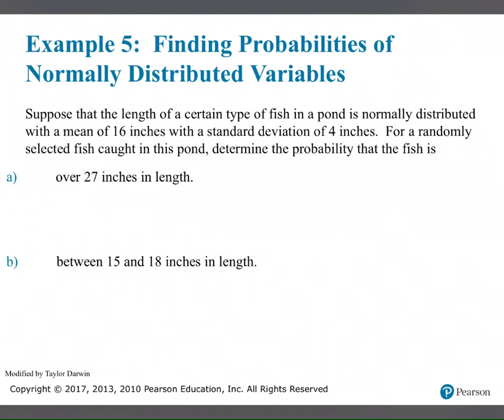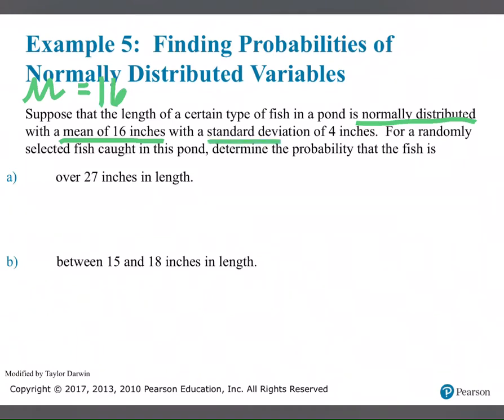A couple things about this. When it says normally distributed, that basically means that we're good to go to use the z's. We can use z-scores knowing that we have a symmetric histogram. We're given a mean, that's mu. Other words for mean are average, so that means the same thing.